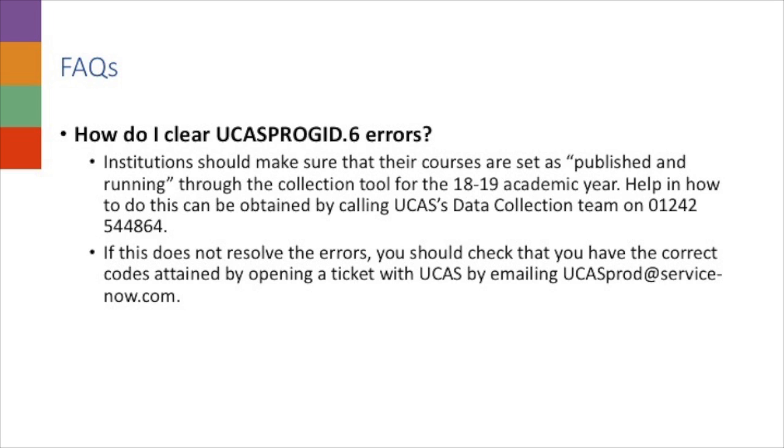So the best thing to do if you have an issue with your UCAS data is to either call the data collection team, and the number is there on the screen, and we will make it available afterwards, or to email them at ucasprod@service-now.com.